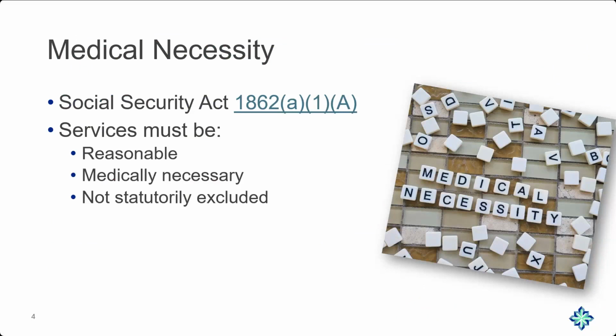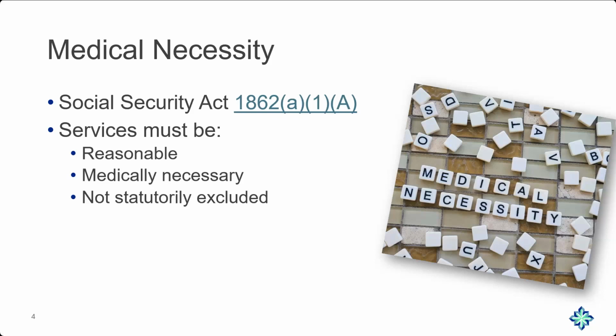So the first determinant of coverage is always going to be whether the service is medically necessary for the patient. Per the Social Security Act Section 1862, which I've included a link to here, services must be reasonable and necessary to treat an illness or injury or to improve the functioning of a malformed body member. So this is all going to be based on your documentation. What did you do to the patient? Why does the patient need the services in this encounter? Are they reasonable?